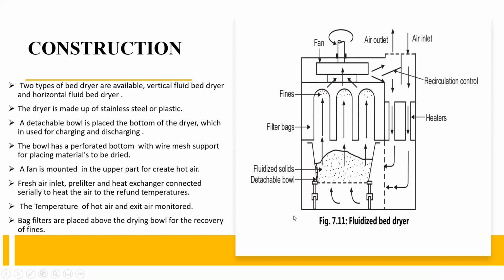There is a detachable bowl placed at the bottom of the dryer, which is used for charging or discharging of material, that is loading or unloading of the product. The bowl has a perforated bottom with a wire mesh support.